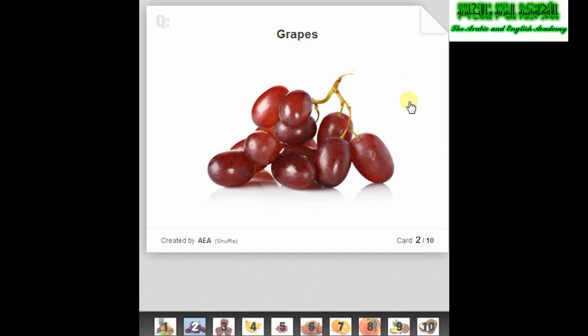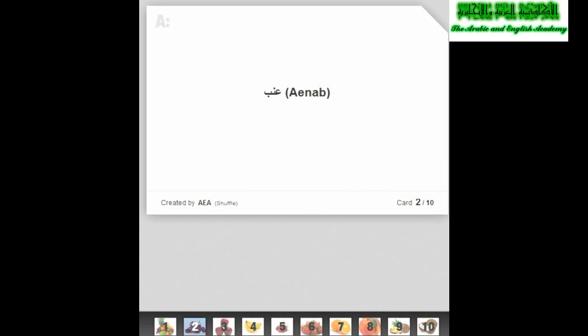Okay, the next word we have is grape. Grapes, and grapes in Arabic is عنب. If you don't know how to make the sound, you have to make the heavy a sound.